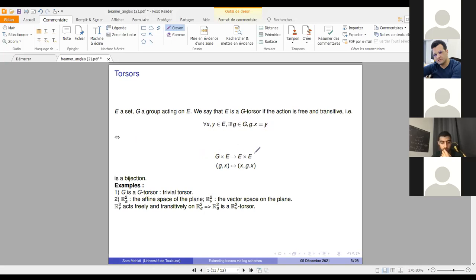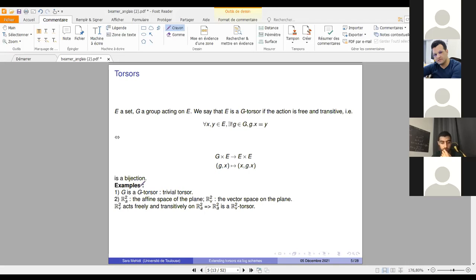This is equivalent to saying that this map given by the action of G over E is bijective. To give examples, if I see G acting on itself by translation, then G is a G-torsor. The action of G on itself is free and transitive. And this is what we call the trivial torsor.